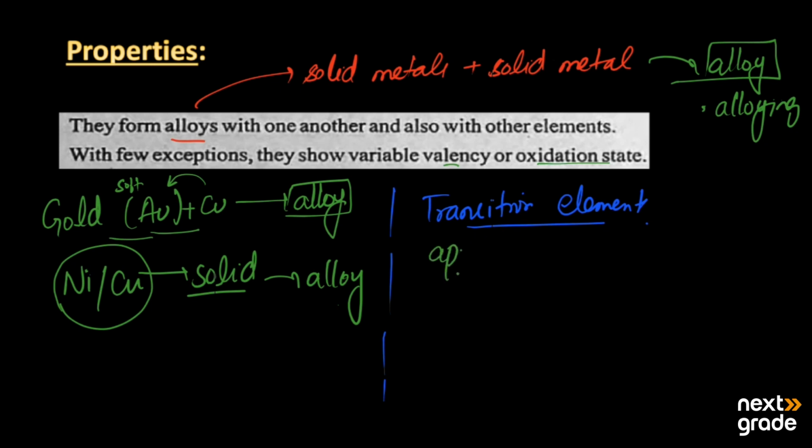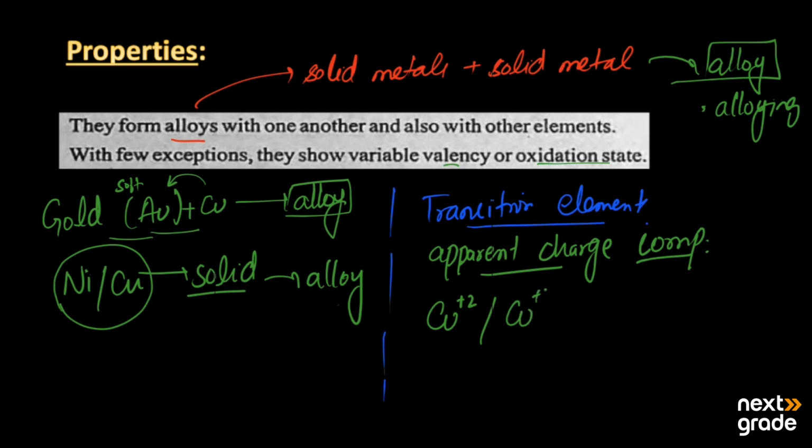It is the apparent charge that an atom will have in a molecule or in a compound. Likewise, all the transition elements show variation in the oxidation state. For example, copper may have oxidation state plus 2, it may have oxidation state plus 6. So this is a simple variation in its oxidation state.